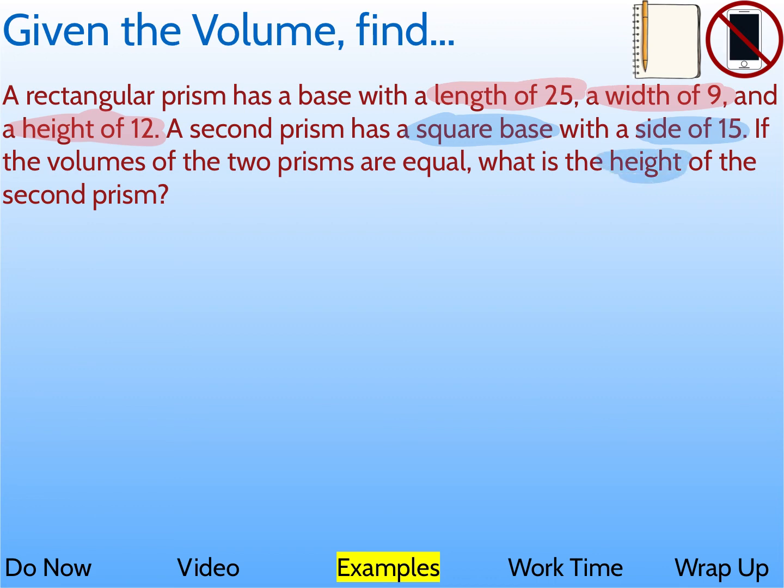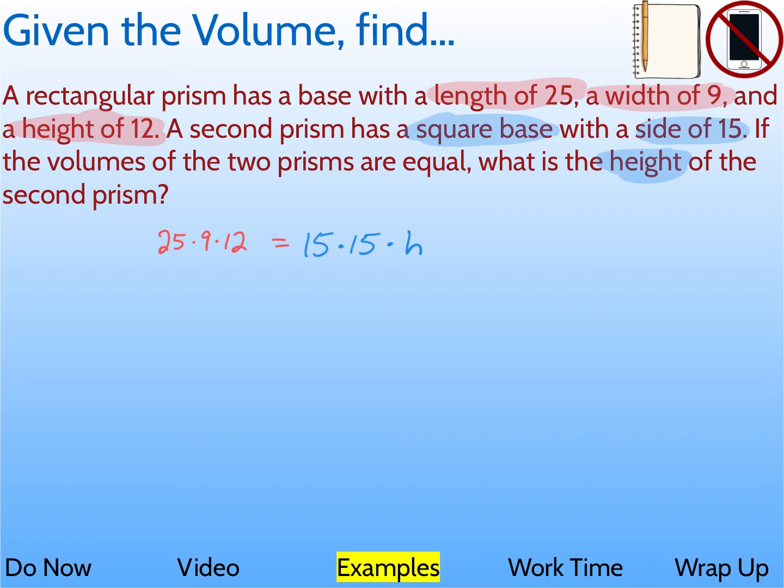So what we can do is just compare these, and it's length times width times height. So the first prism, the red one, is going to be 25 times 9 times 12. And this should all equal, since the square base, it's 15 times 15, and then times the height. So we can simplify the left side and the right side.